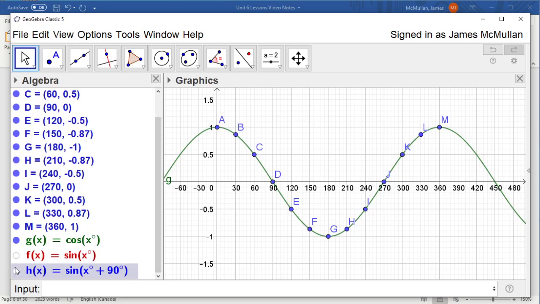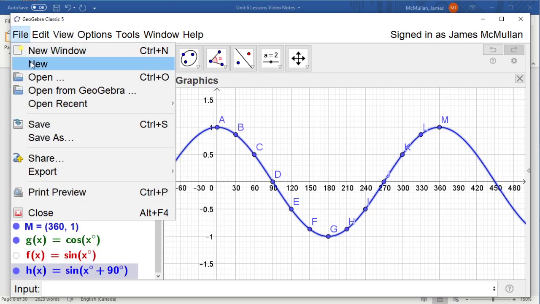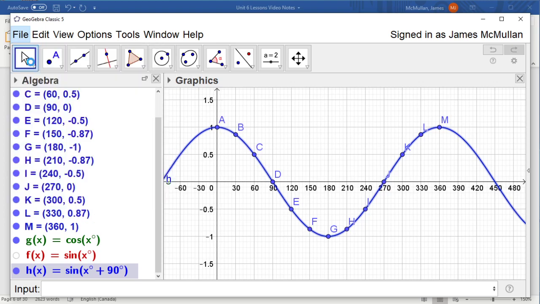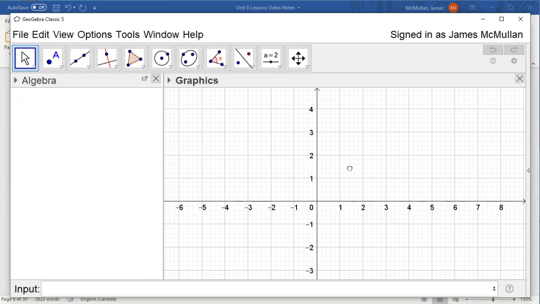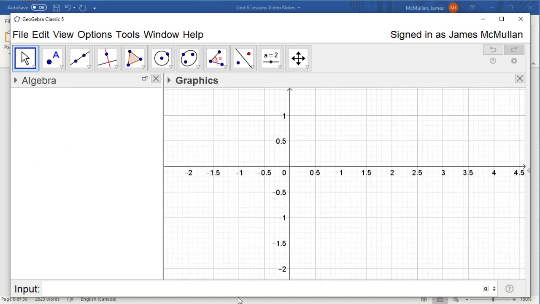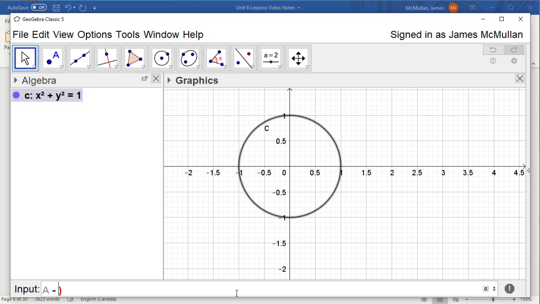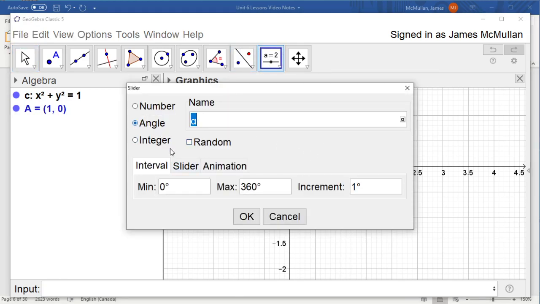Okay, one quick last thing I want to show, which is another way of understanding how this equation comes from the value of sine. If you remember when we drew the unit circle, so circle 0, 1, we're going to have a point A, which is 1, 0, and then an origin, and then a point. Let's make a slider where we can rotate an angle, let's say between negative 720 and positive 720.